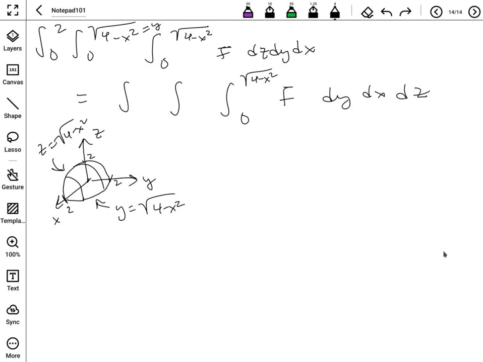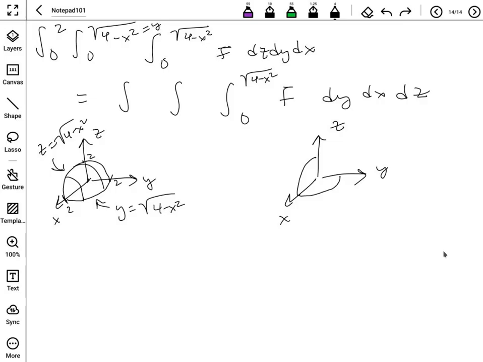If I look at my shape, x, y, z, circle shape, and you just keep going that way. Weird. Okay. When I look at y bounds, I do go from 0 up to that curve, so I can keep it.